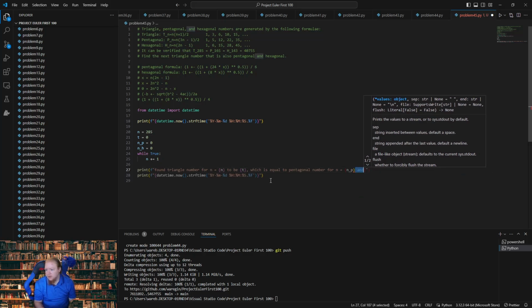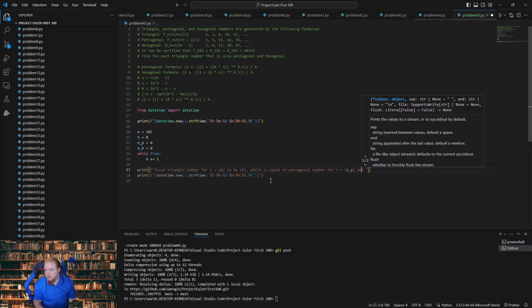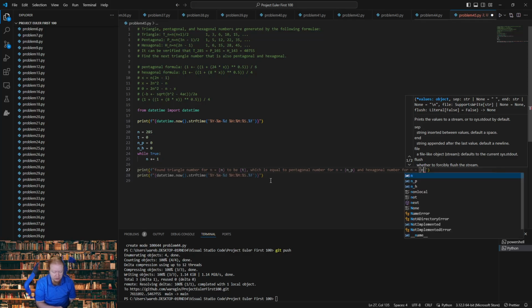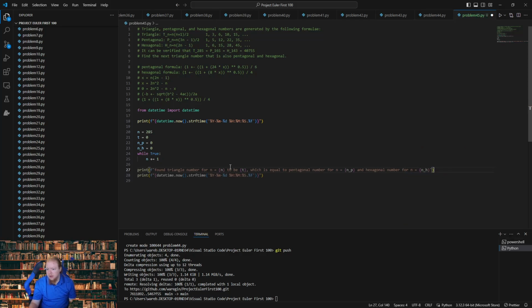And hexagonal number for n equals n of h. Okay.